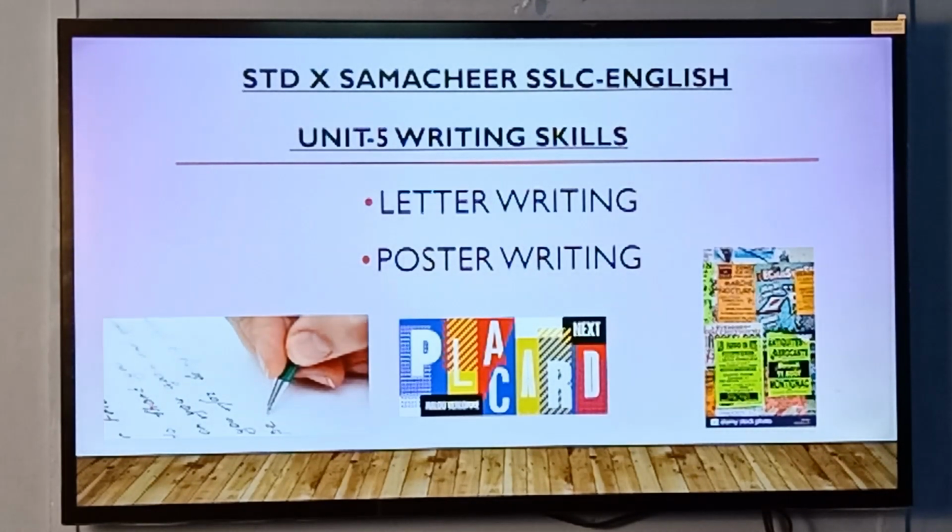Today we shall see about Standard 10 Samacheer SSLC English, Unit 5 Writing Skills. Under Unit 5 Writing Skills, we have letter writing and poster writing.